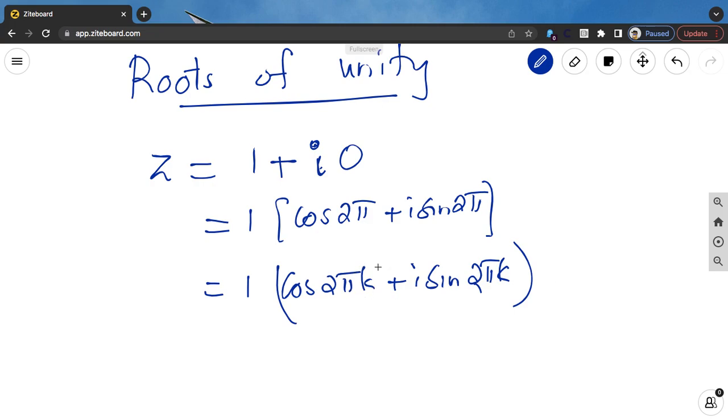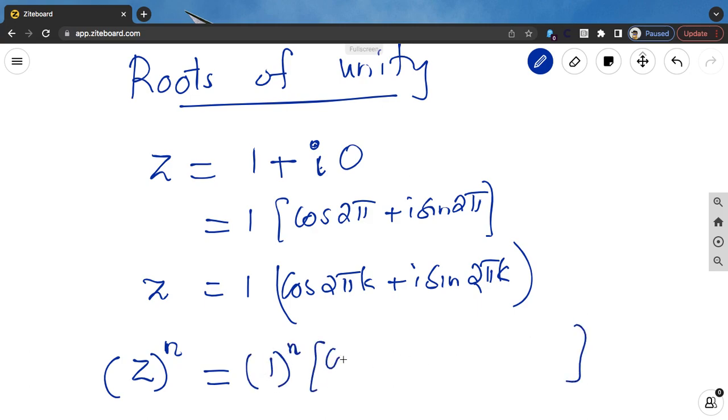So for every multiple of 2 pi, the cos and sine values remain the same. So I can write z as this. According to De Moivre's theorem, if z is raised to a power, the modulus also gets raised to the power, and the angle becomes this.